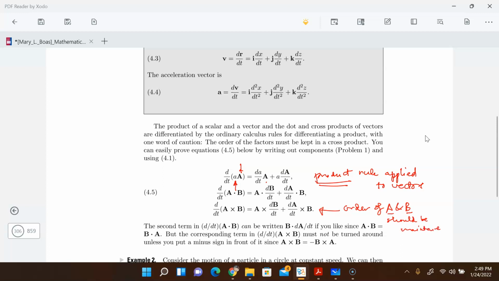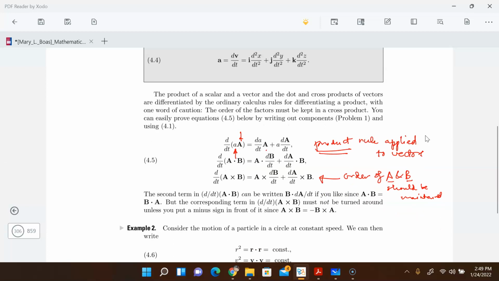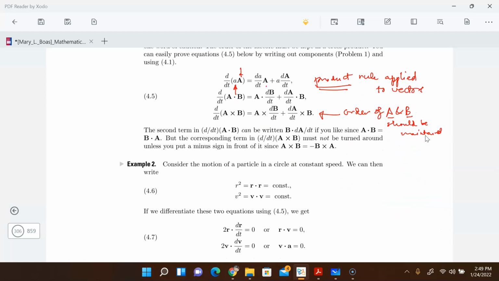So if A appears before B here, then when you do the differentiation, whatever involves A has to appear before whatever involves the vector B. Okay, so that's the only caution that you need to take into account. Okay, let's look at some nice examples here.